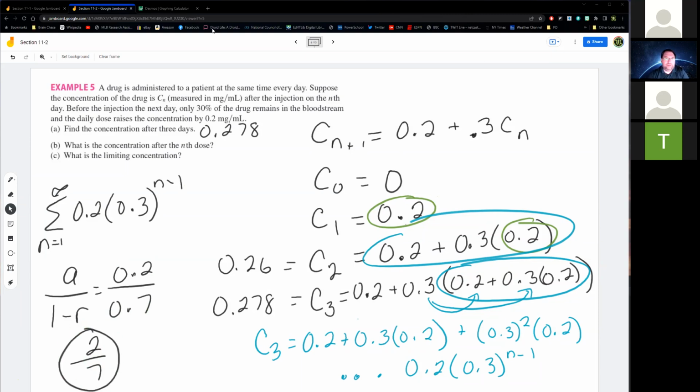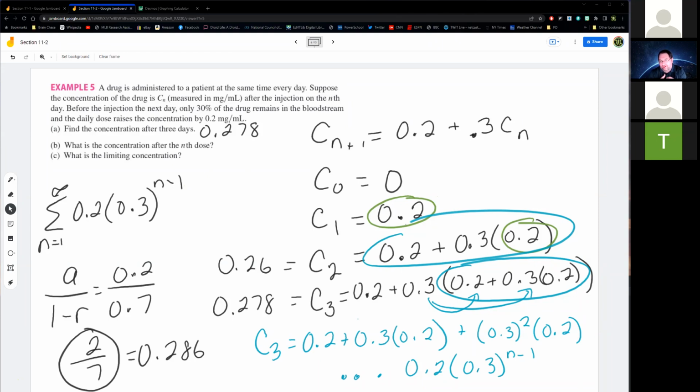which is 0.286 approximately. So after a certain amount of time, you're getting closer and closer to 0.286 concentration in your bloodstream and not the 0.2 you're putting in every night.